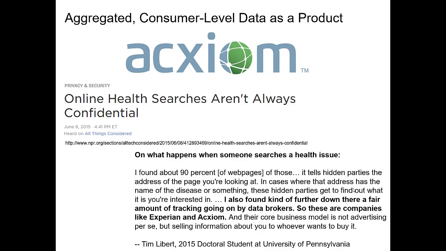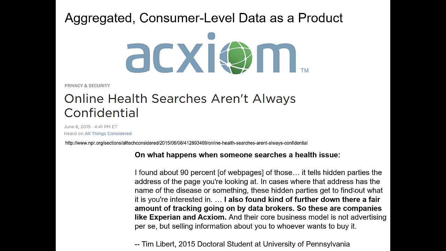So this idea of data aggregators rebundling your information and selling that data as a product to other marketers is not a new idea, but it's definitely been gaining more traction and interest in today's world. One example here, Axiom being one of the more common examples, there was an interesting article by NPR where we found that when individuals were searching for health information on websites, a lot of this information, particular keywords, were actually being tracked by data brokers like the Axioms of the world.